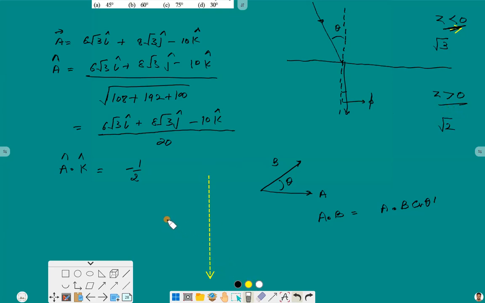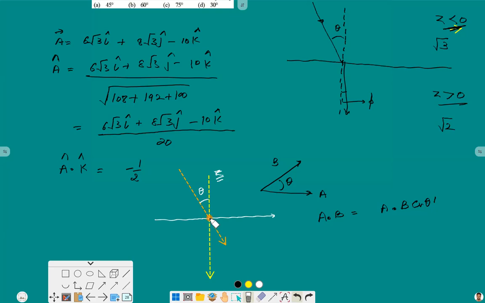Now suppose this is some x or y axis, we don't know which, but we know that it is the z axis. Now here light is coming like this, and it is going further. Now we are ignoring refraction here, so which angle do we have to find out? We have to find out this angle theta.